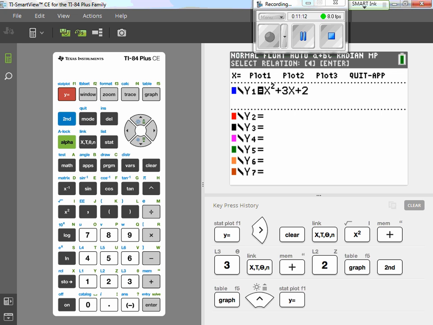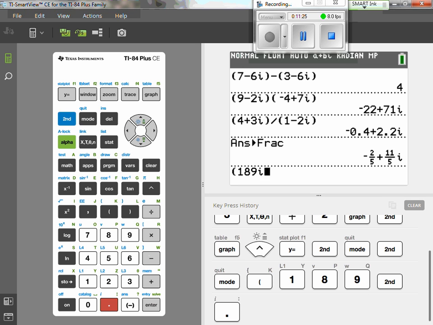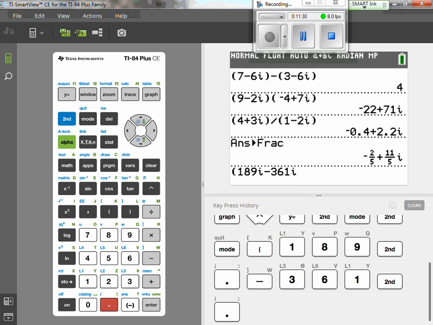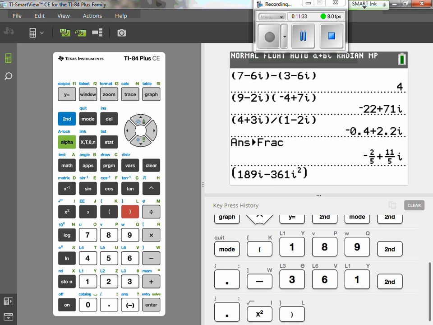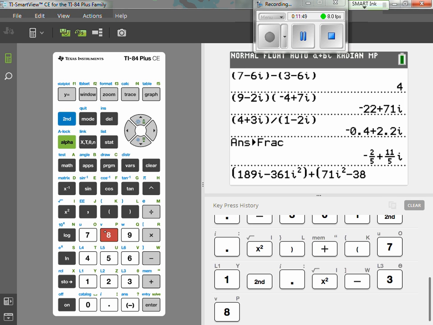So you can do this by hand and simplify i and go that way. Or what I can do is say parentheses, 189 second i minus 361 second i squared. That's our first set. Plus, close parentheses, 71 i squared minus 38.